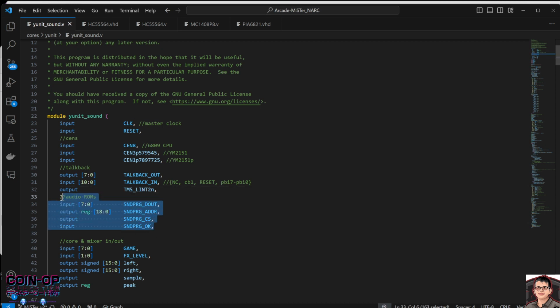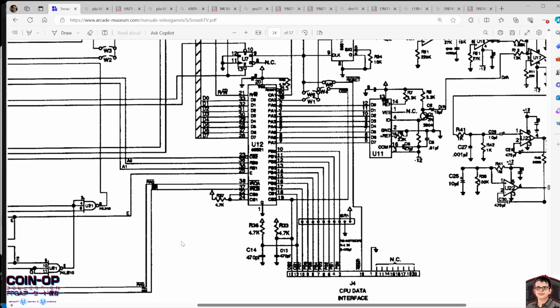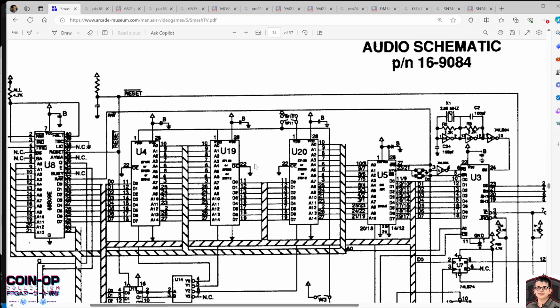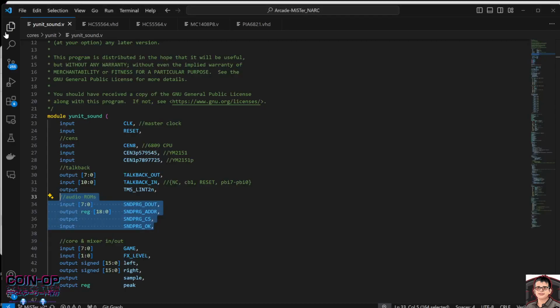The next series of pins have to do with the ROMs. The ROMs that you see here, U4, U19, and U20, obviously have to come from SDRAM, right? Because that's where we're loading our ROM to start. So this will allow it to address the ROM and then also get the data out from it.